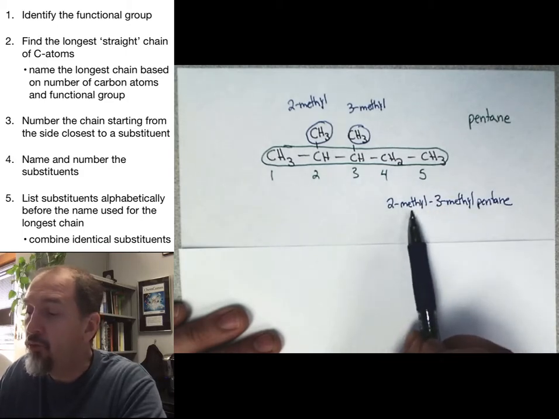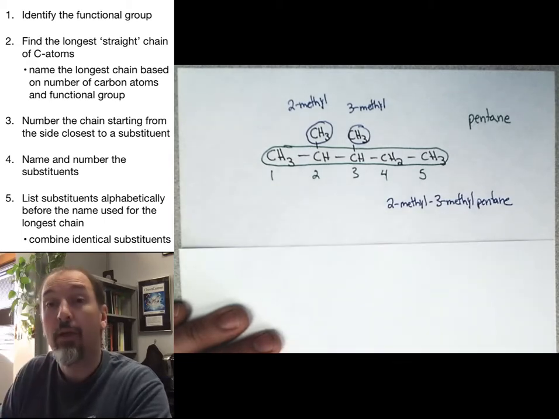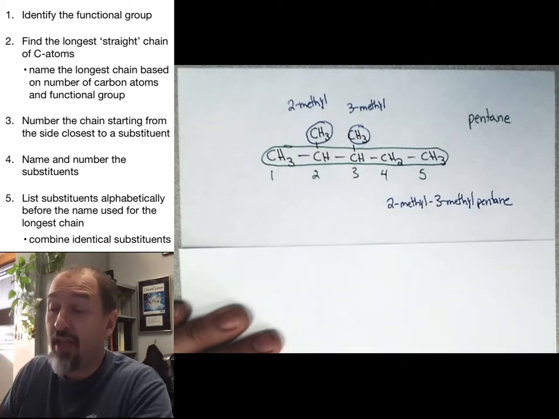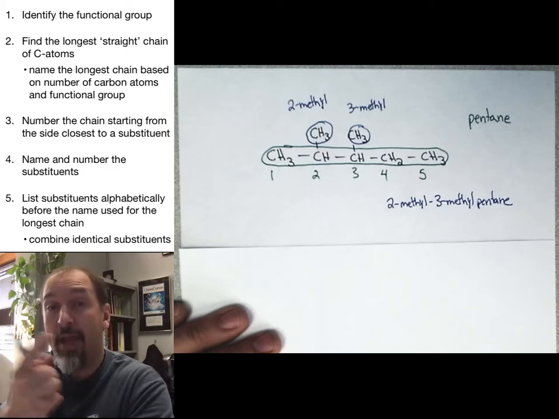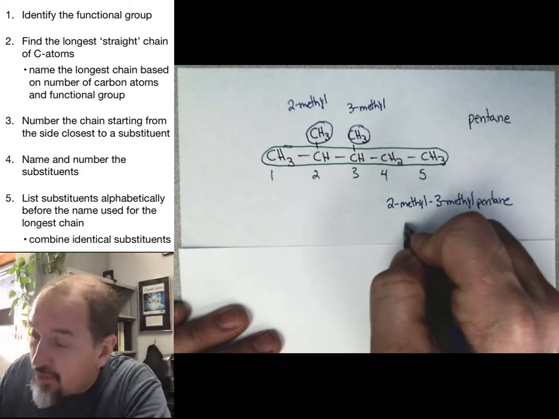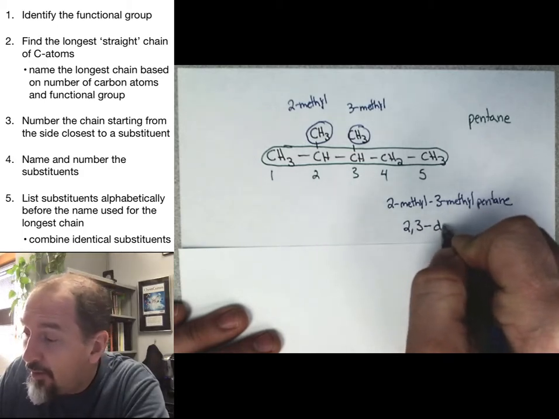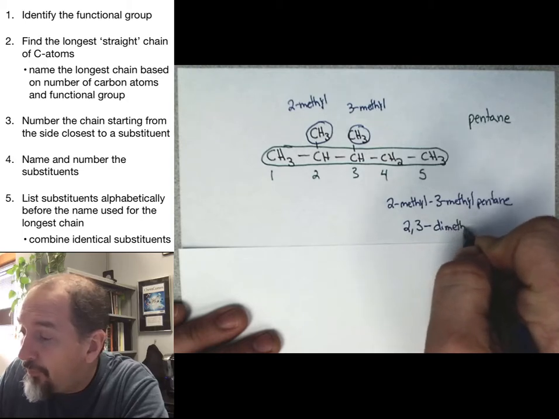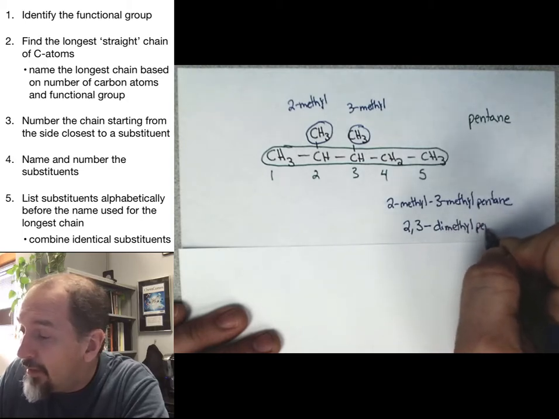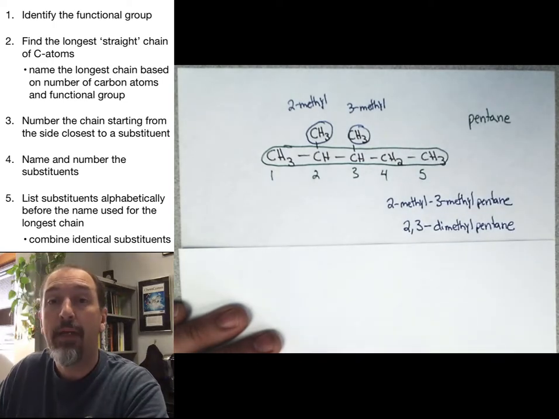Since I have 2 methyl groups here, I'm going to combine them and say I have dimethyl. So di meaning 2. But because I'm still naming 2 of them, I have to have the numbers for each of these. So I'm going to combine them by saying 2,3-dimethylpentane. And that's going to actually be the correct name for this compound.